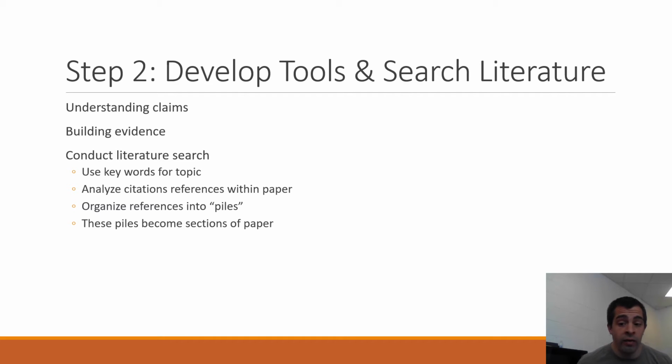You guys should have at least 10 papers in certain piles. It might be 3 piles, it might be 4 piles, whatever it is. These piles should become your sections. So again, periodization might be background, one section and one pile of papers. Physiology might be one section and one pile of papers, and then something else. This is going to help you organize your paper into some coherent topics. It just makes it much easier to read.